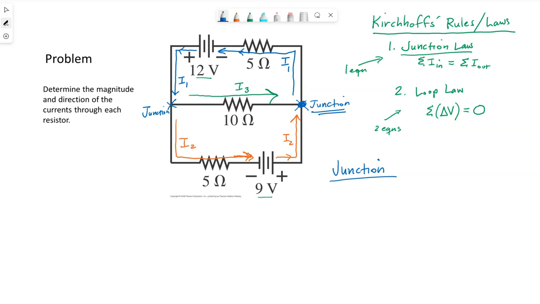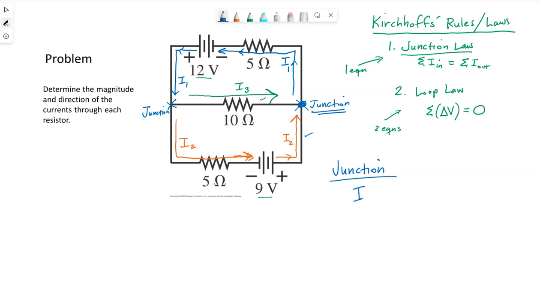We've drawn arrows to represent the currents. Which of those arrows point towards that junction? Well, I see I2 pointing towards the junction. I see I3 pointing towards the junction. But I1 has to be pointing away to come up and point left into this battery.